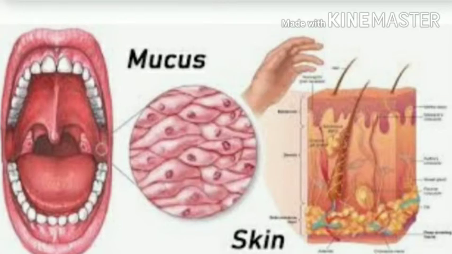Now we will study each way of entry in brief. We will know about them in detail. The skin. The skin, consisting of the epidermis and the dermis, is dry, acidic, and has a temperature lower than the 37 degrees Celsius body temperature.